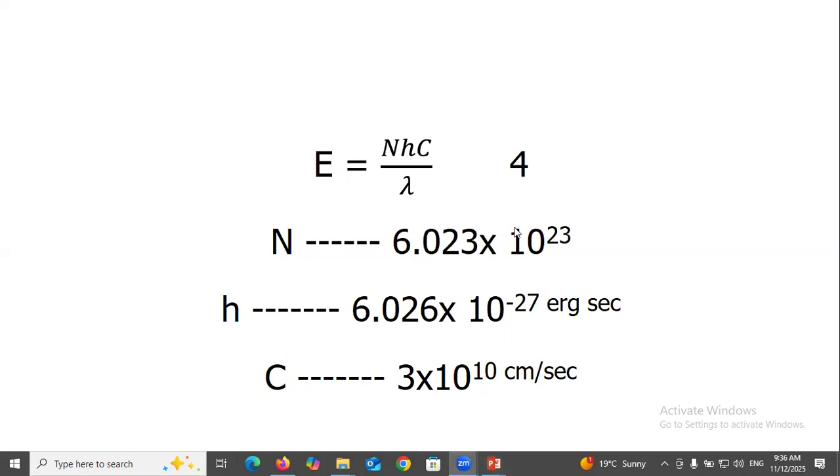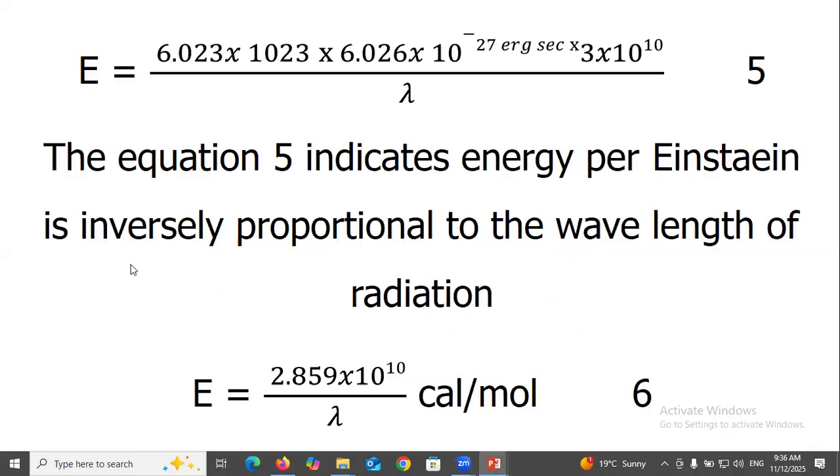Equation 4: N is Avogadro's number, 6.023 times 10 to the power 23, h is Planck's constant, 6.626 times 10 to the power minus 27 erg per second, and c is the velocity of light, 3 times 10 to the power 10 cm per second. Substituting these values, equation 5 indicates that energy per Einstein is inversely proportional to the wavelength of radiation.